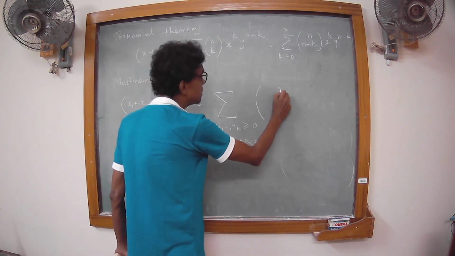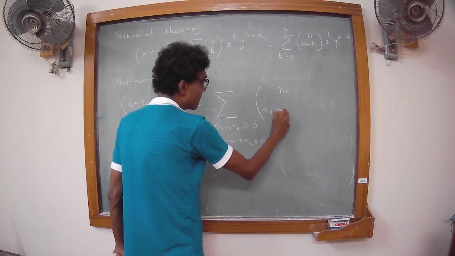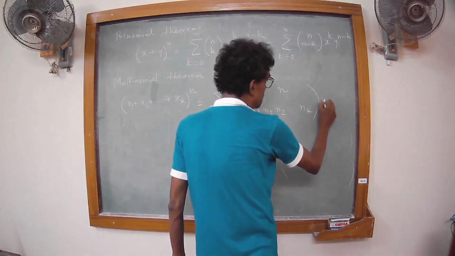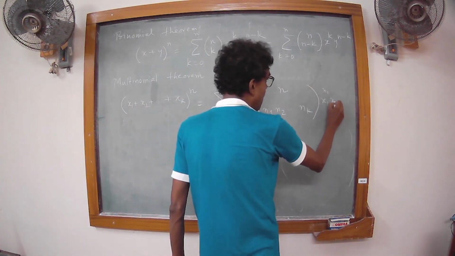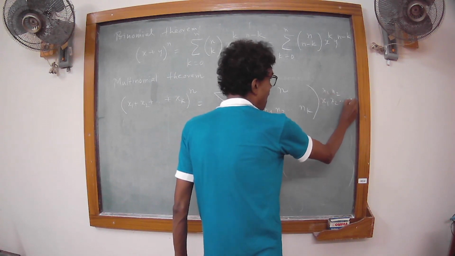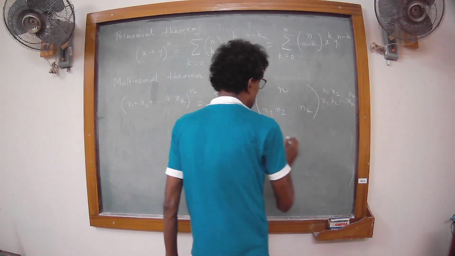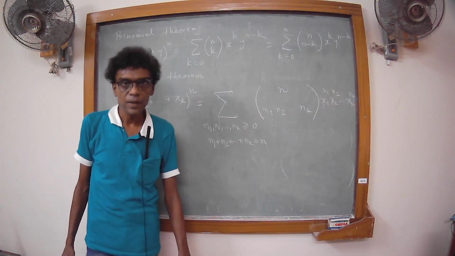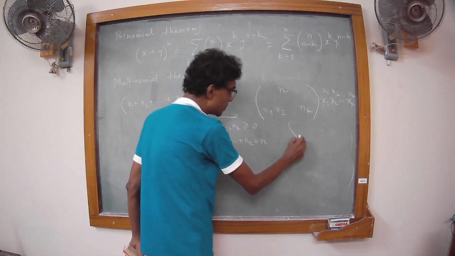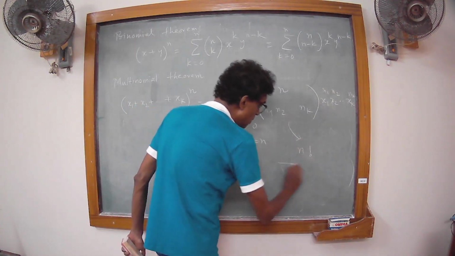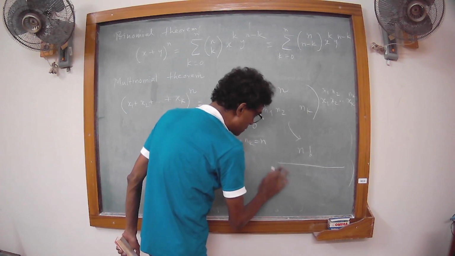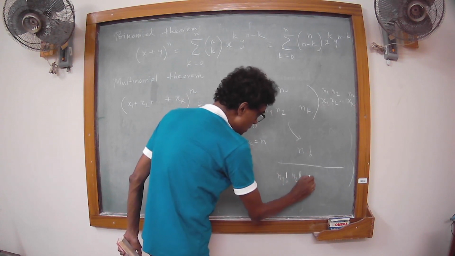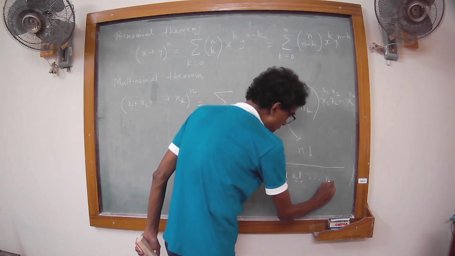Now the coefficient is called the multinomial coefficient, and the term is multiplied by x1 power n1 up to xk power nk. This multinomial coefficient is nothing but n factorial over n1 factorial, n2 factorial, up to nk factorial.